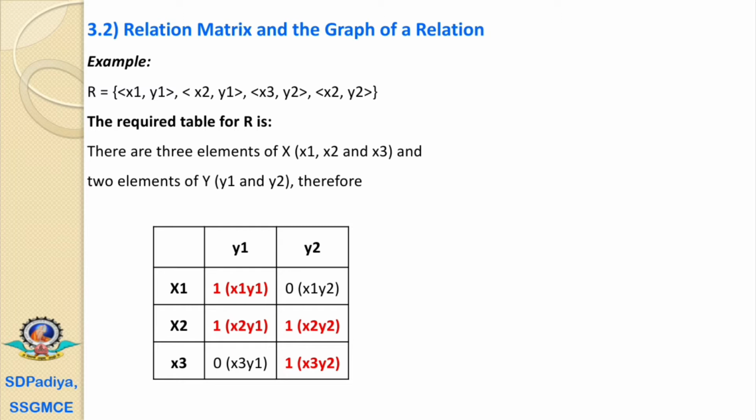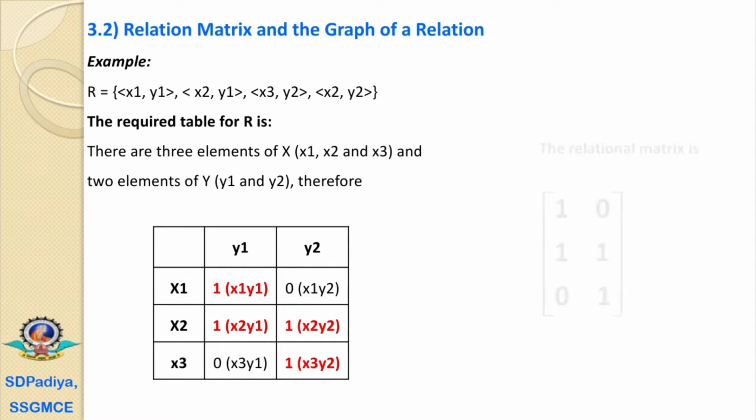Now, the relation R is a set of four ordered pairs, that is (x1, y1), (x2, y1), (x3, y2) and (x2, y2). That's why for these four positions we have entered 1, which is in red color, and for the remaining positions we have entered 0.